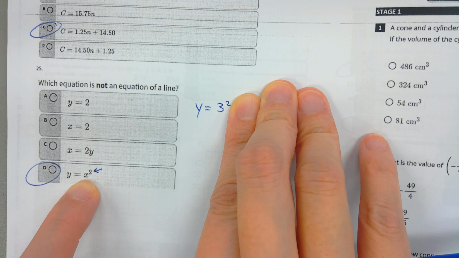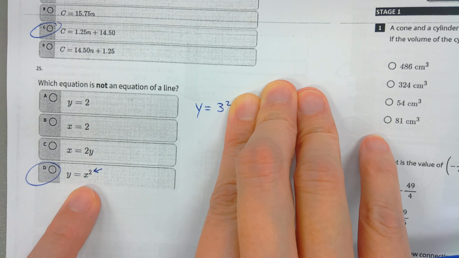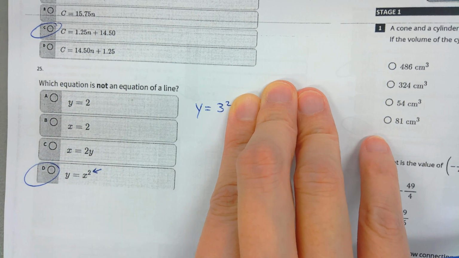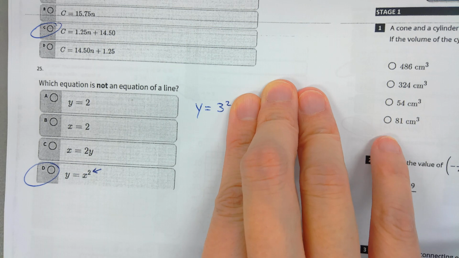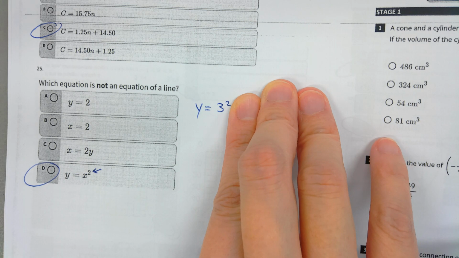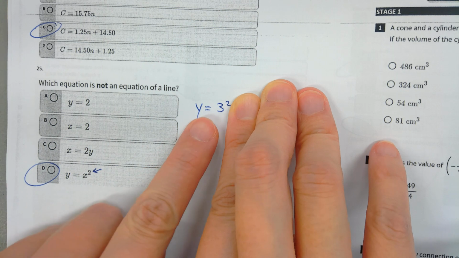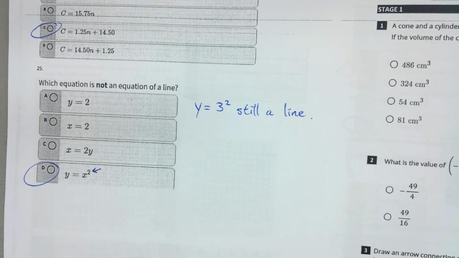So anything with a degree of 2, 3, 4, 5, that means it's not a line. All lines have a degree of 1. So what about y equals 3 squared? Is that a line or a curve? 3 squared. What is 3 squared? 3 squared is 9. So in other words, this is y equals 9, which is still a line.